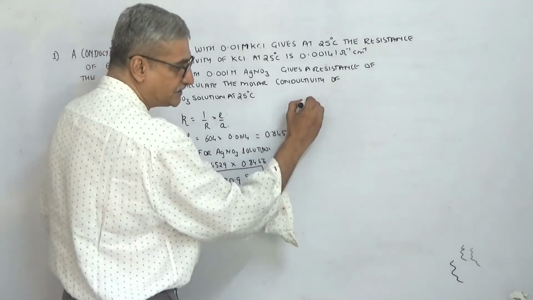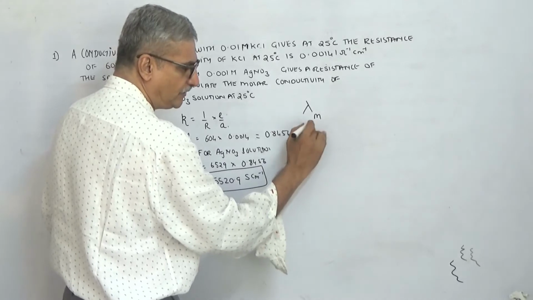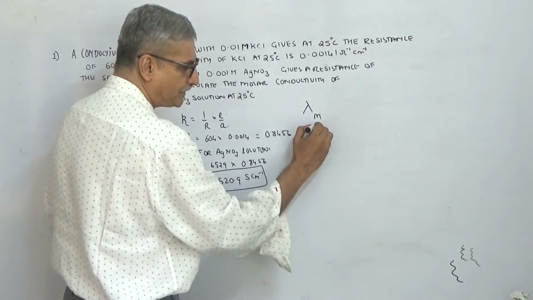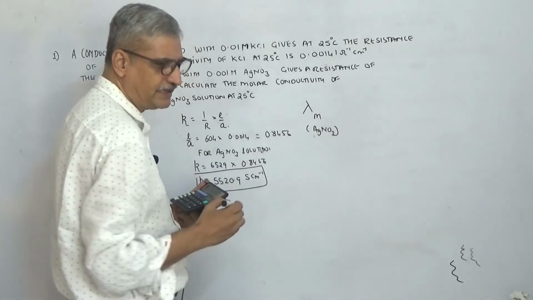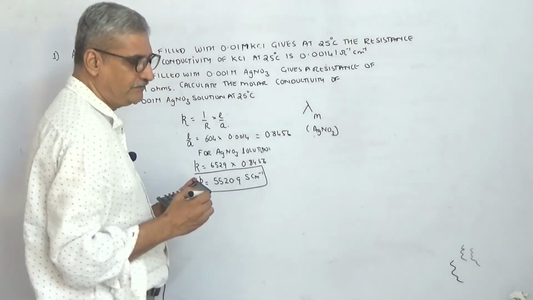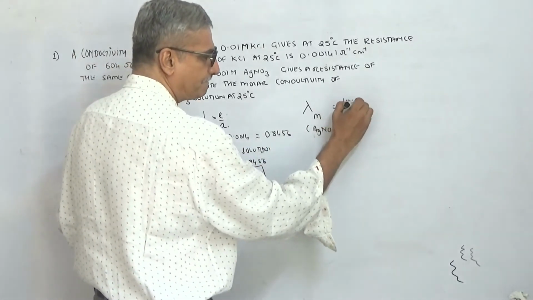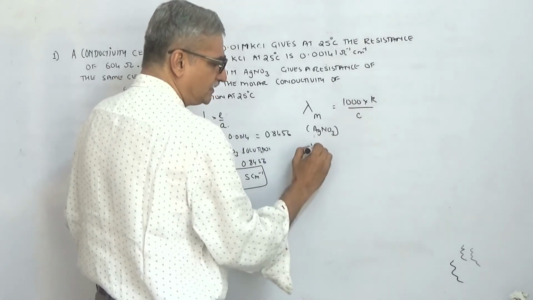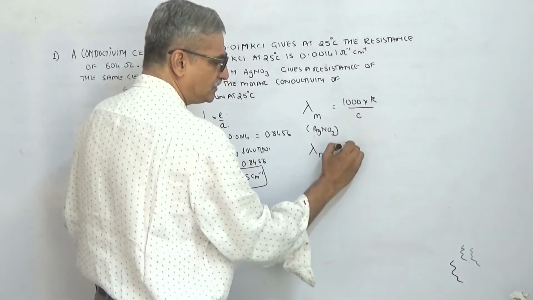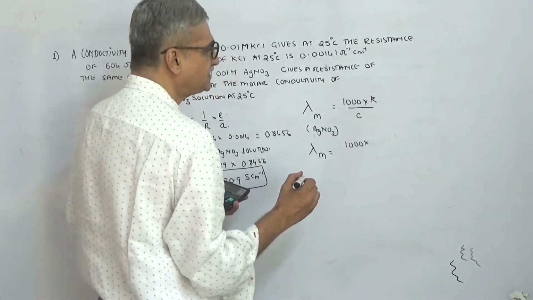Now what are they asking? They are asking the molar conductance of AgNO3, the molar conductance of silver nitrate. When we are talking of molar conductance of silver nitrate, that will be equal to 1000 into K by C. K is how much?